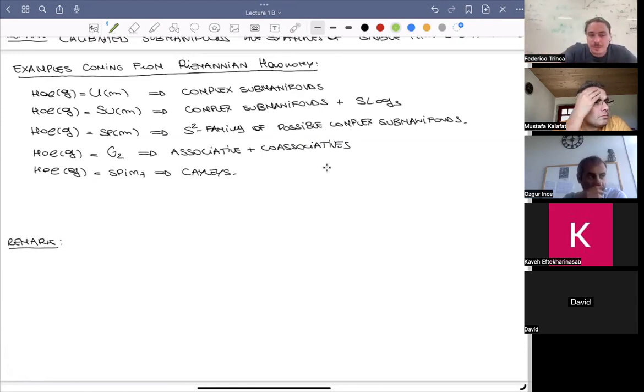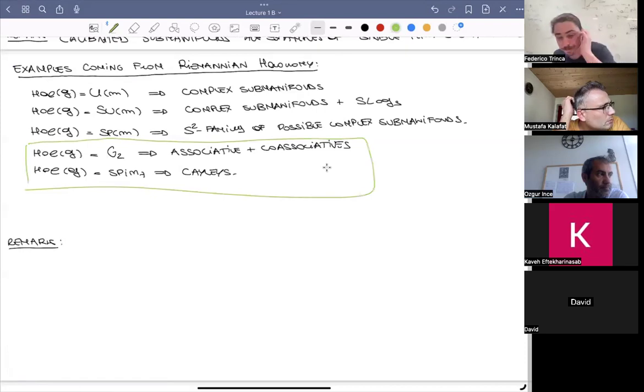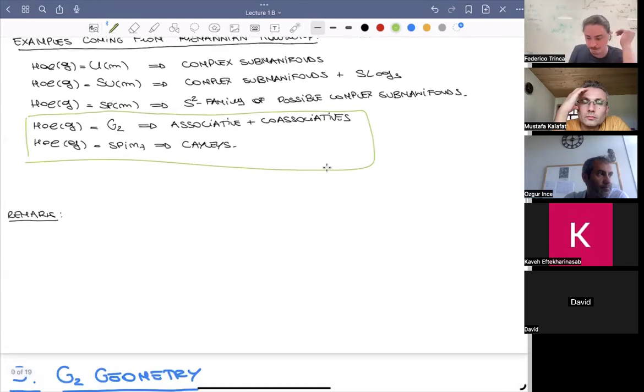Finally, I have the two examples that I'm going to talk about later in this mini course, which are associative, co-associative and Cayley submanifolds.